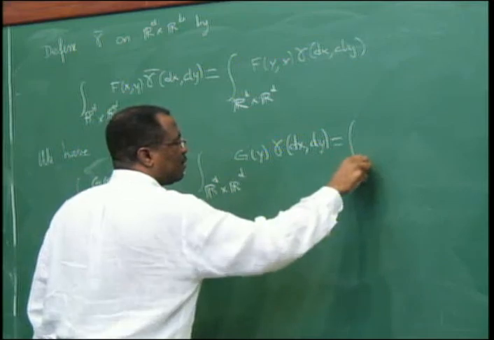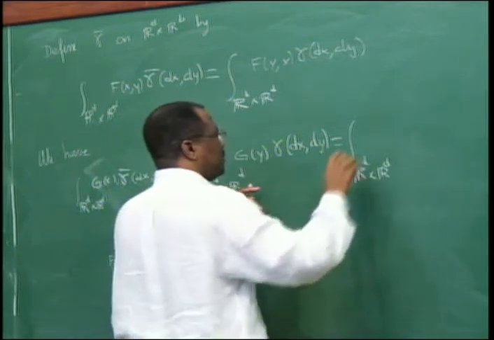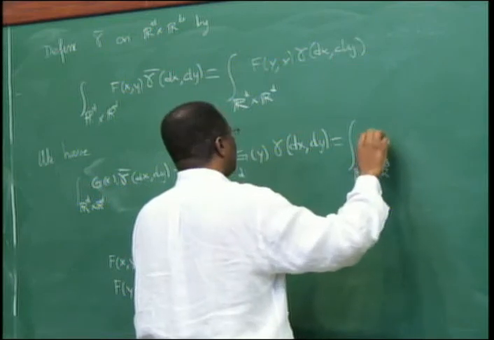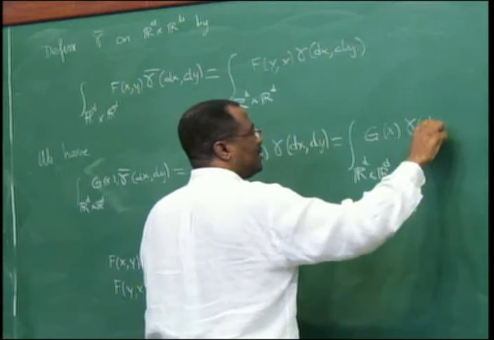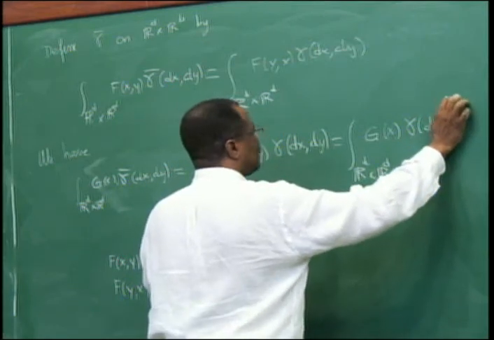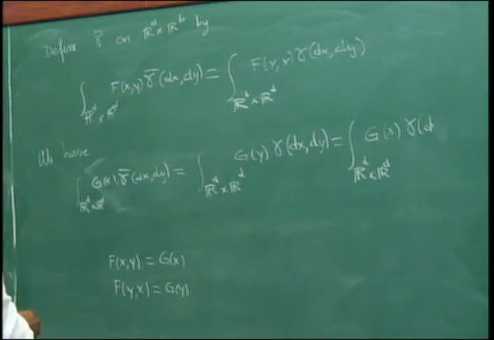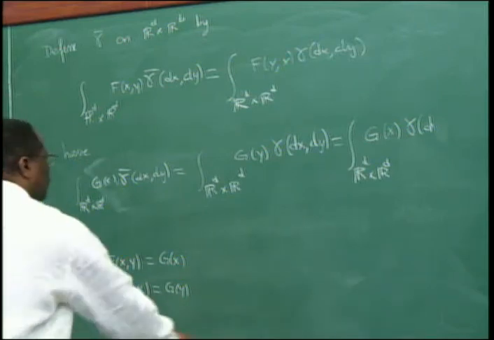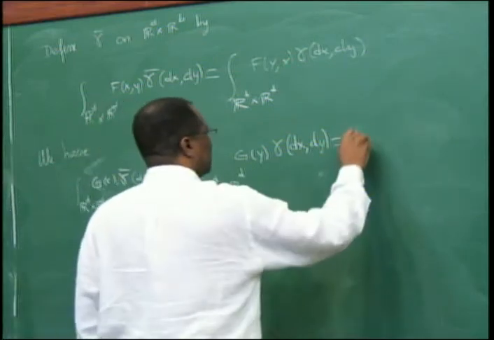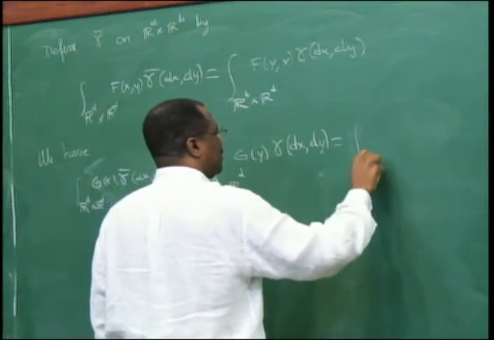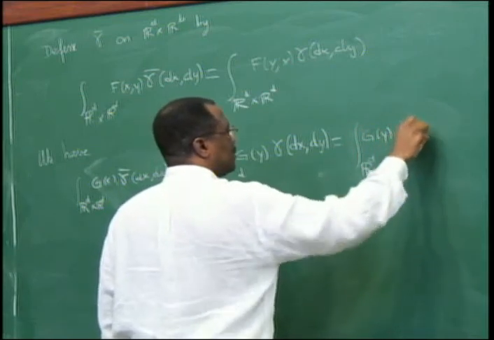But this is the integral over Rd cross Rd of g of x gamma dy dx. Sorry, I can just stop there and say that this is the integral over Rd of g of y mu1 dy.